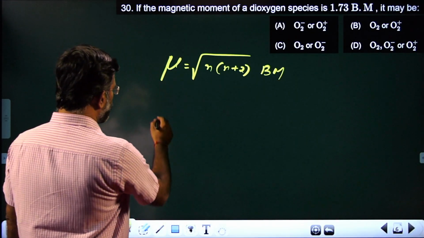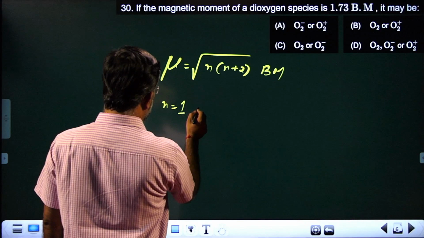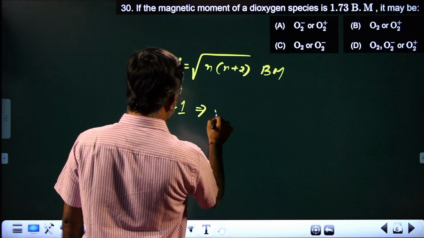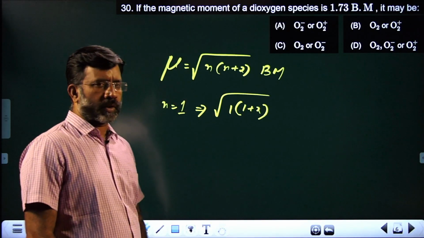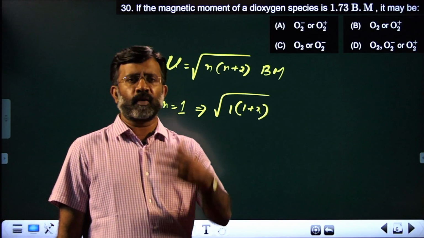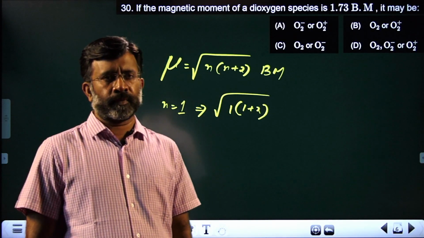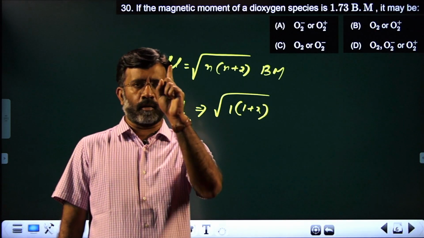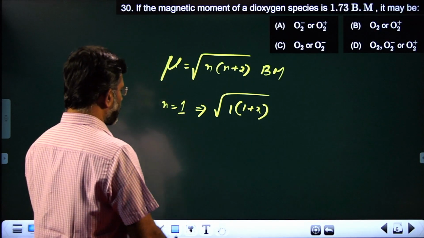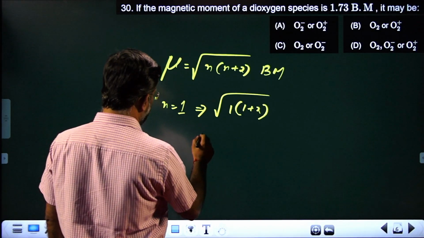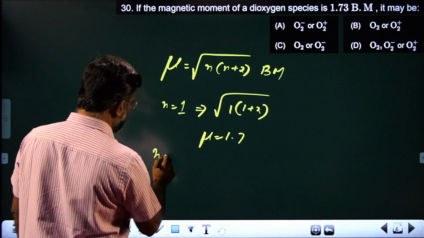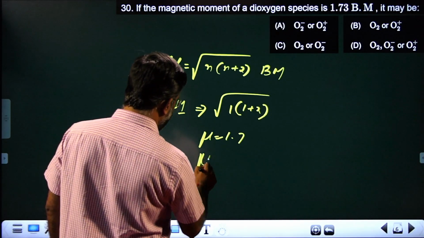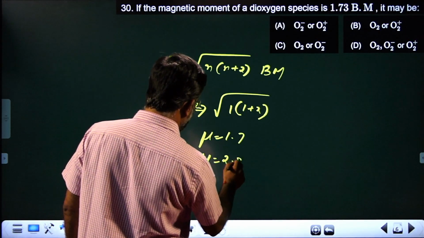So when n equals 1, you get the value root of 1 into 1 plus 2, that is root 3. Root 3 is 1.73. So for one unpaired electron, the magnetic moment value will be 1.7 something. Suppose n equals 2, mu is some 2.8 something.